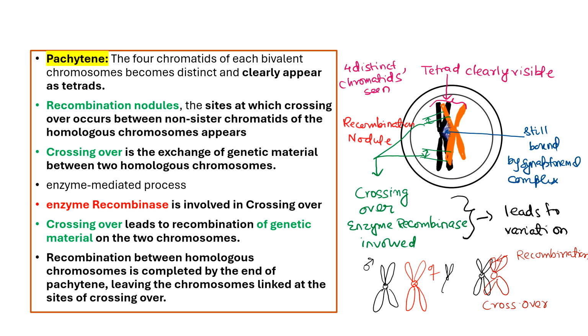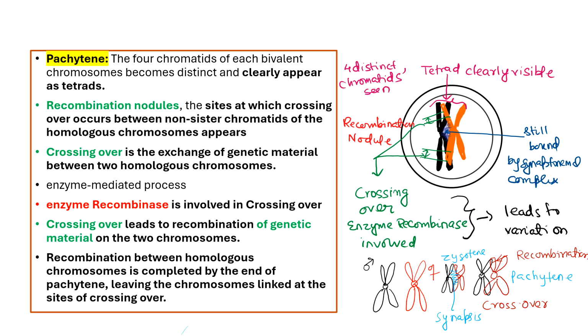Let me make another one. They will lie very close to each other and they will be joined together by the synaptonemal complex. This process is called synapsis. This is obtained in zygotene, and in pachytene the actual crossover takes place.